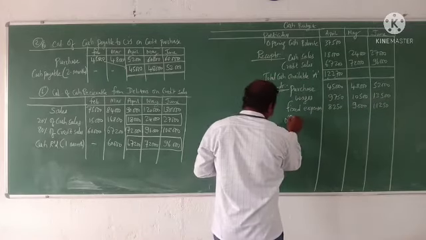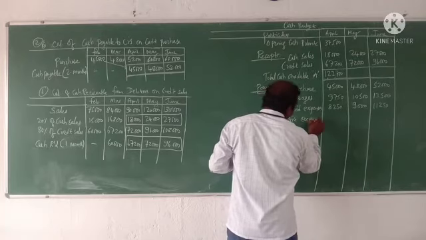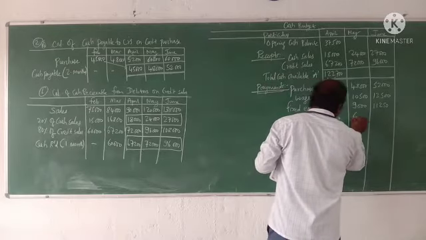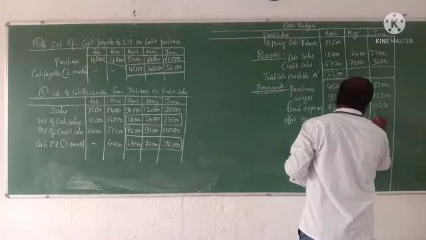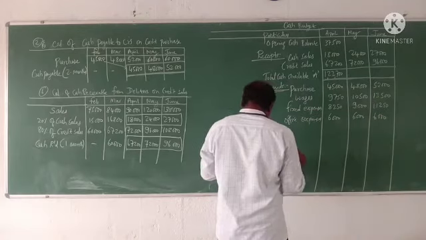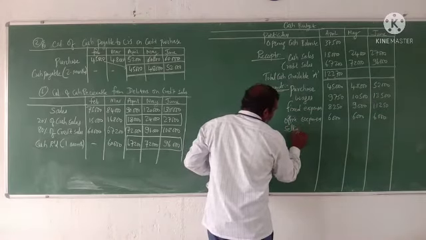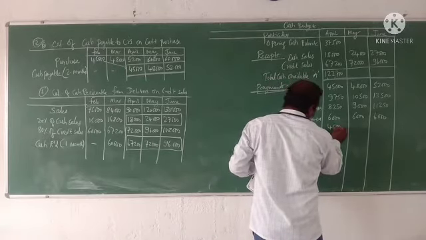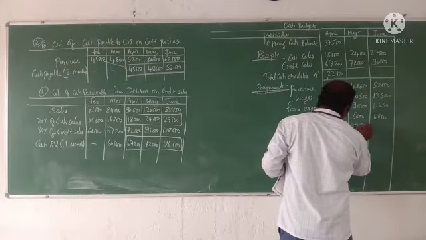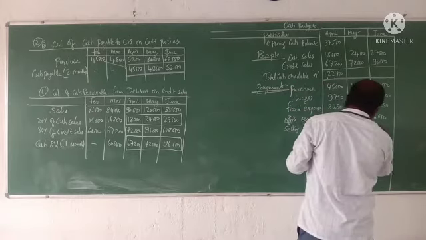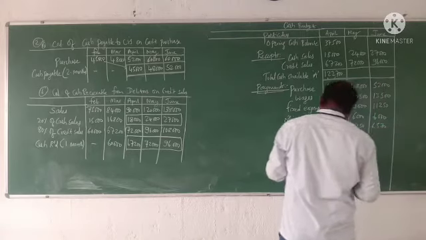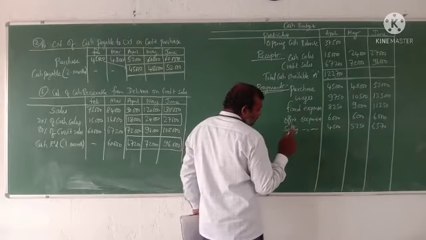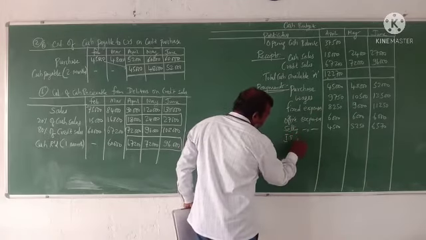Next, office expenses: 6,000, 6,000, 6,000 in all the columns. Selling expenses: 4,500, 5,250, 6,570. Okay, all expenses we consider. Now there is the adjustment given related to income tax paid.